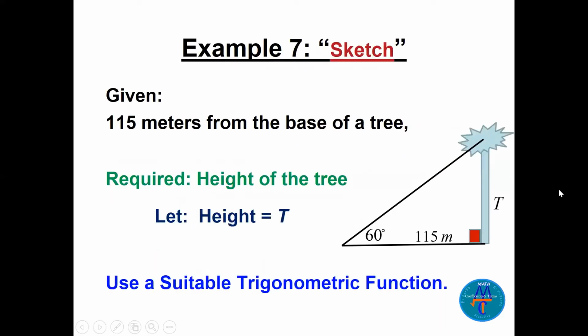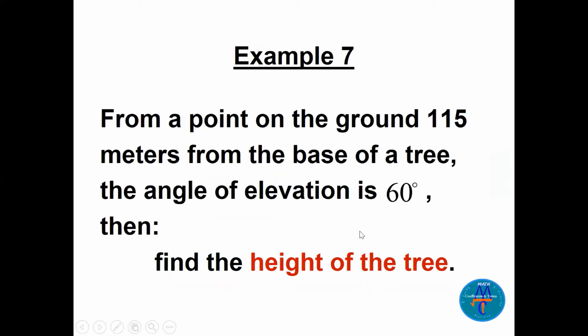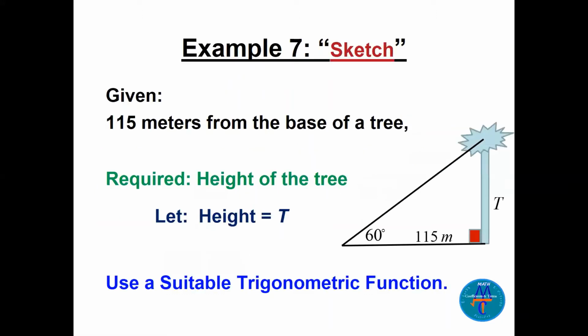So this is the sketch now. You can just imagine a tree. You can just put any tree you like. And then from a point, we have 115 meters from the base of the tree. So all this distance from the base of the tree to this point is 115. And then, see, the question says the angle of elevation is 60. So from this point, if we look into the top of the tree, this is 60.